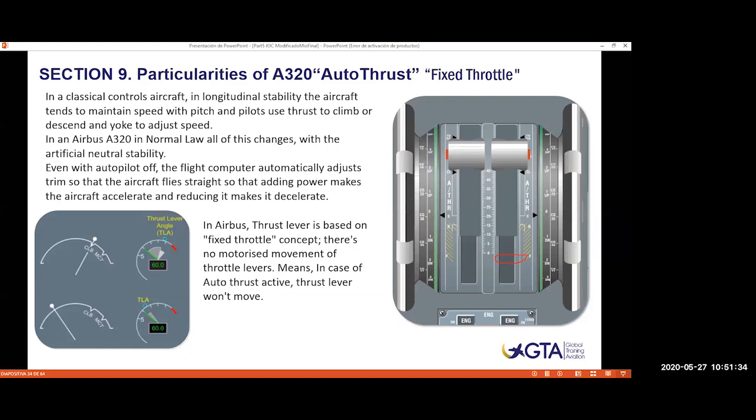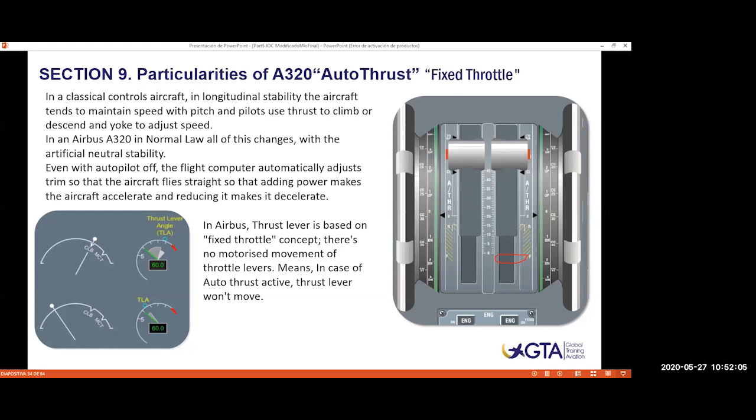But what happens when the aircraft is maintaining my altitude and I increase my power? As we said, in the classical one, the aircraft is going to climb. Here, not. Here it is going to keep the altitude, but only increase the speed. It is one of the key things in this aircraft, one of the principles that is different from the other ones.